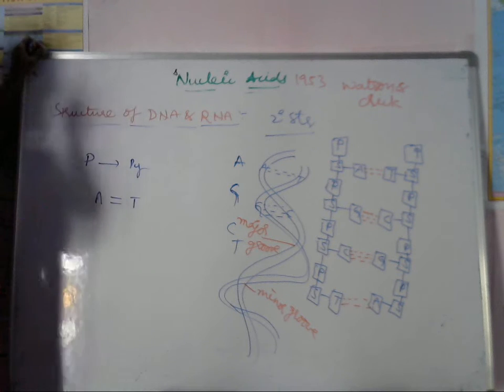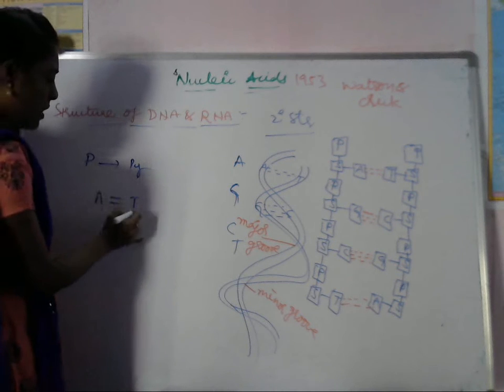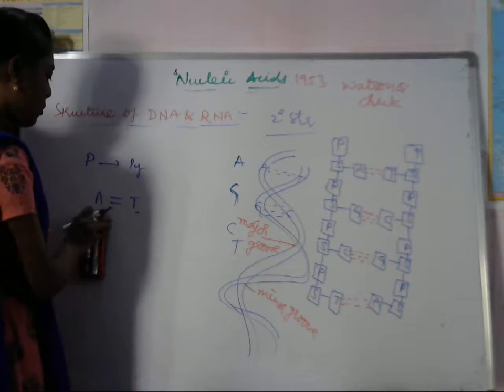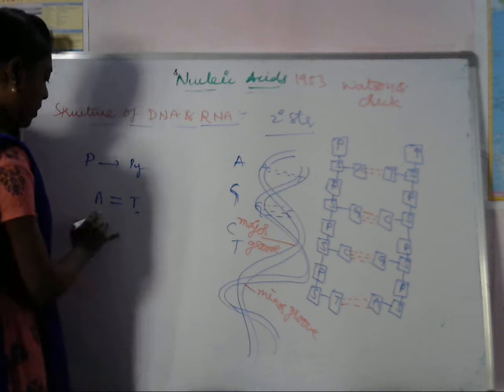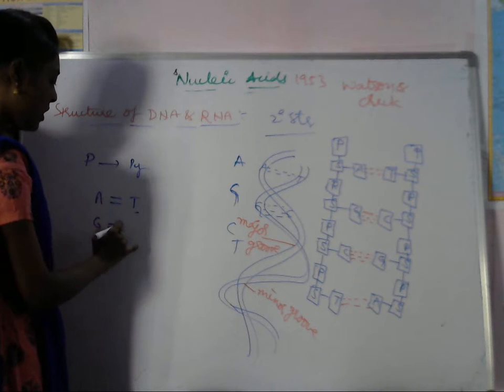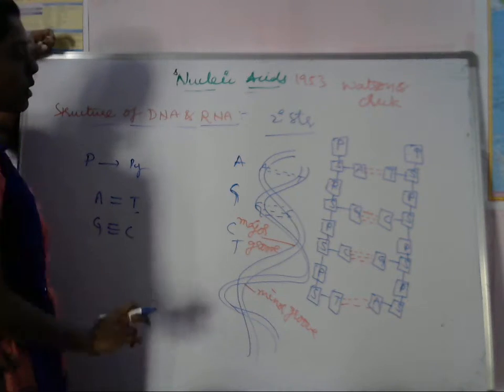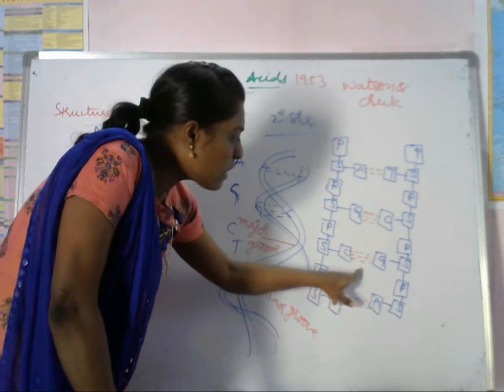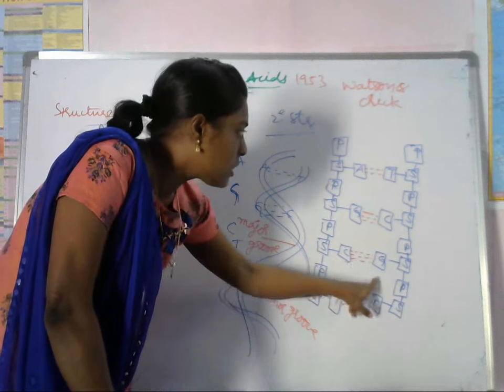Always A is bonded with thymine. And what is G? Guanine. Guanine always bonds with cytosine with a triple bond, meaning three hydrogen bonds are present between cytosine and guanine, right?